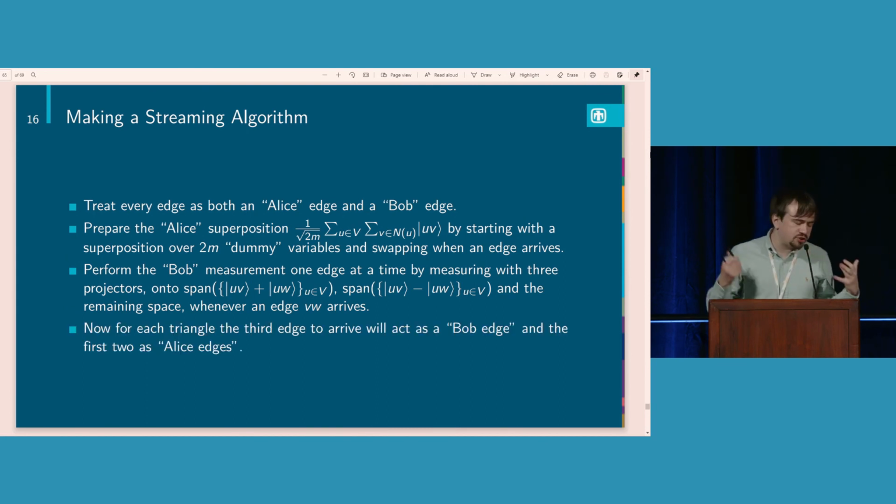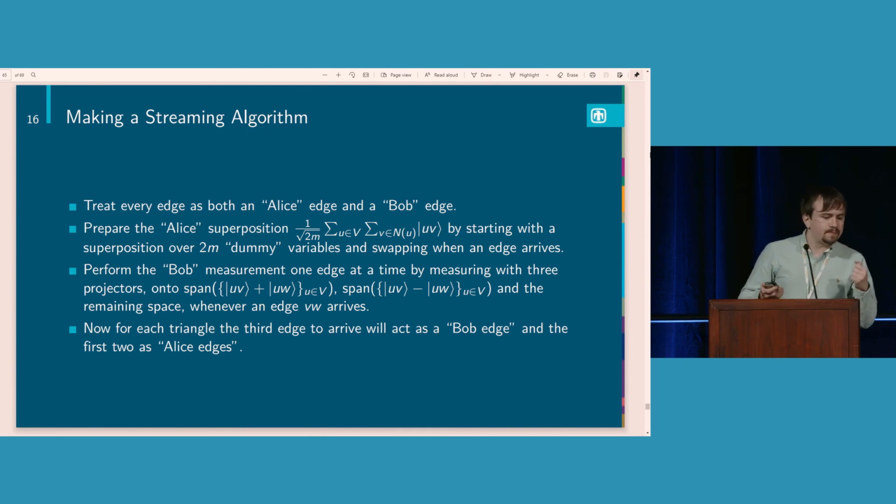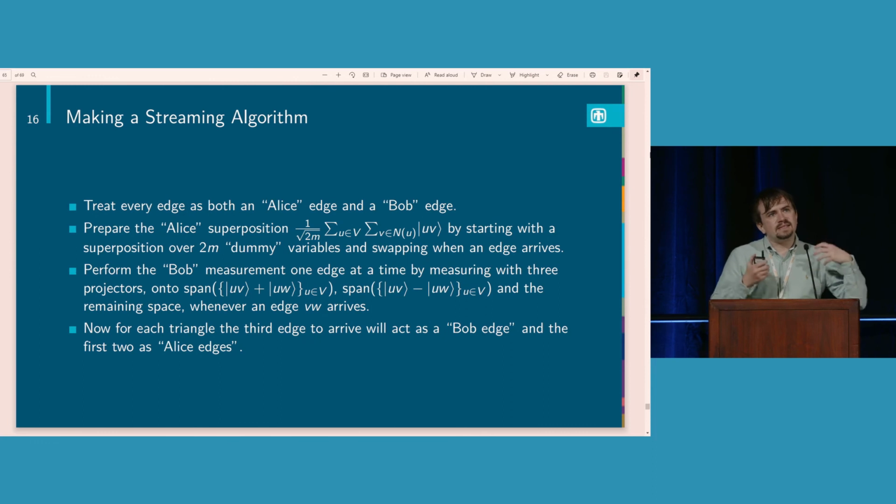And so the final upshot is that for every triangle in the graph, we end up having essentially treated its first 2 edges to arrive in the stream as if they belong to Alice, and its third one as if it belonged to Bob.